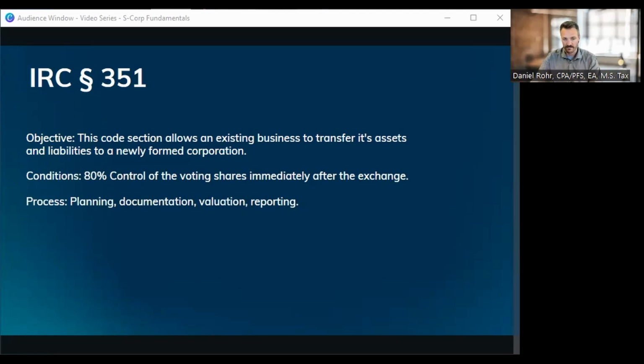This includes both voting and non-voting shares. The transfer process involves careful planning, legal documentation, valuation, adherence to the 80% control requirement, and proper reporting to the IRS. A 351 statement needs to be filed and attached with the corporate return and the shareholders return.